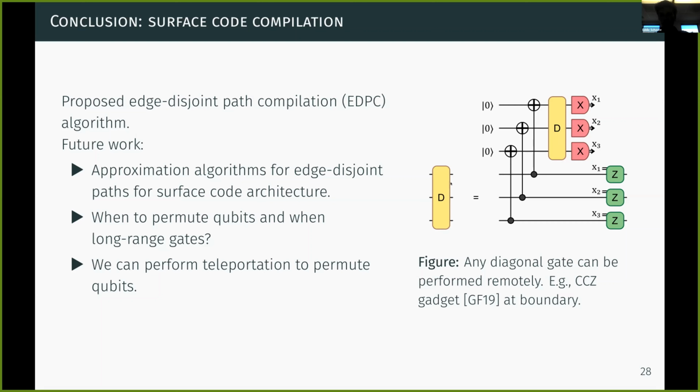So, for example, this could be useful to implement a CCZ gadget, which is in particular useful for classical oracles. So yeah, thank you for listening, and feel free to ask any questions.